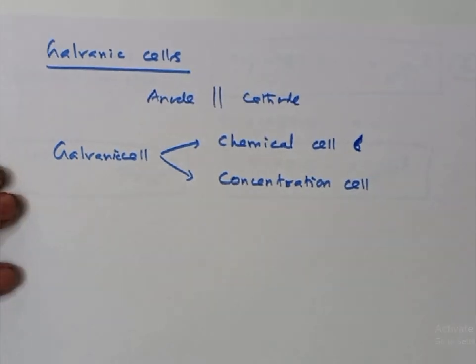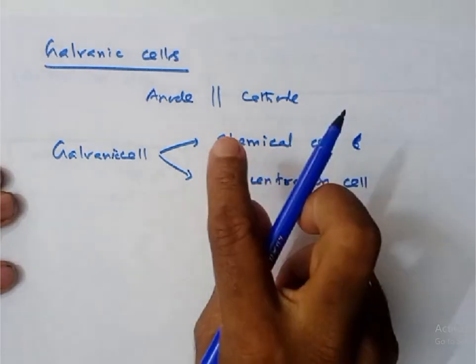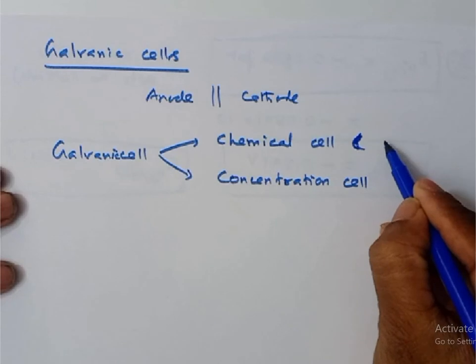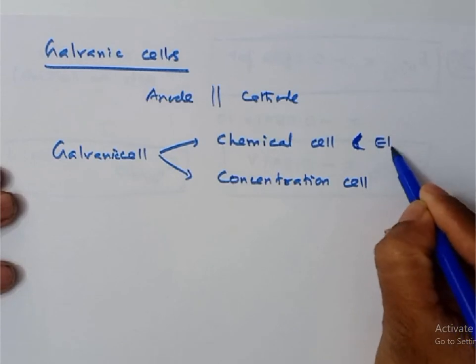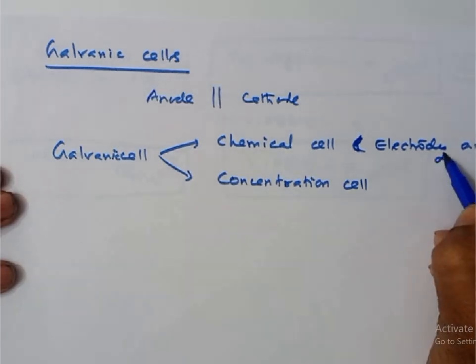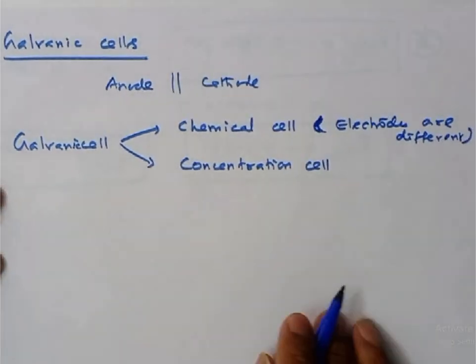What's the difference? In a chemical cell, students, the electrodes, anode and cathode, are different.